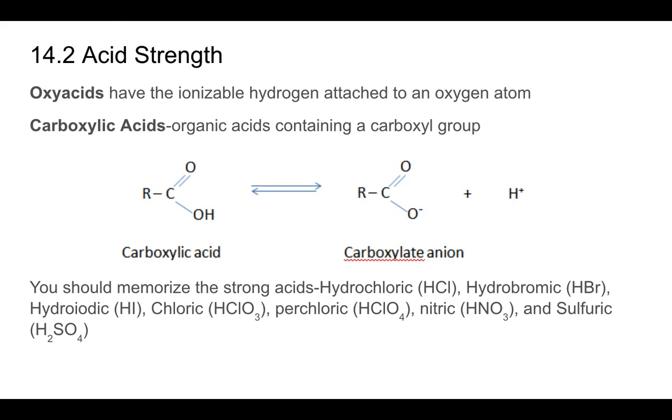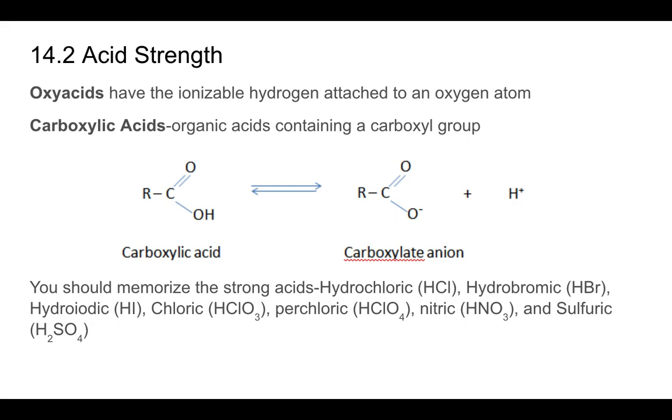The oxyacid, chloric acid, HClO3. So ClO3 minus, chlorate, bonds to H plus to make chloric acid, HClO3. Perchloric acid, HClO4. These two oxyacids are both assumed to be 100% ionized in water. Nitric acid, another oxyacid, also considered strong.